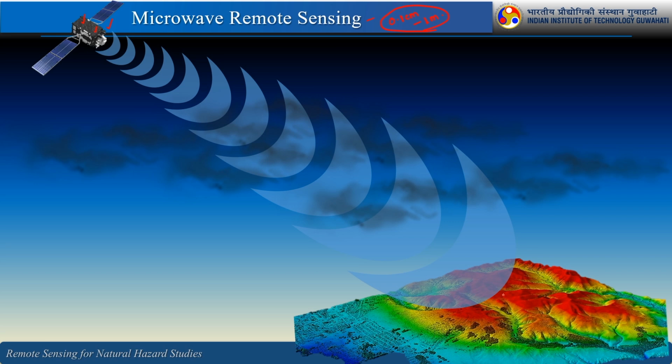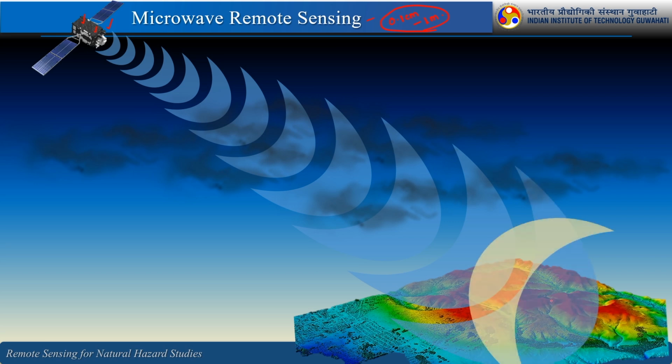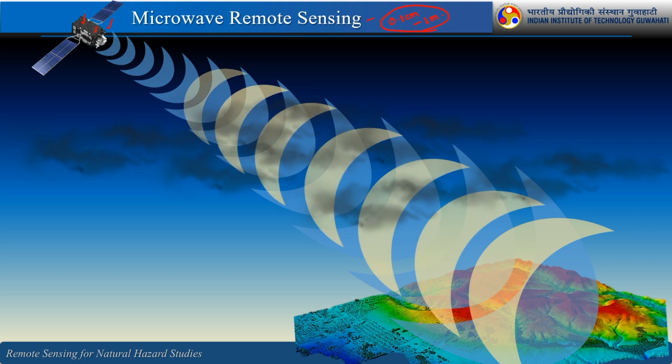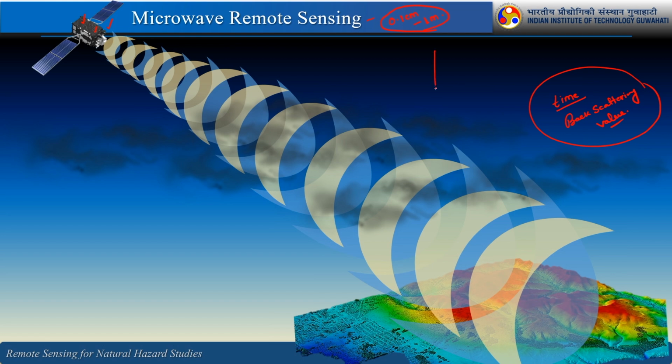Once it is interacting with the ground, what will happen? The reflection will take place, the backscattering, and then this backscattering will slowly reach the sensor, right. And then we will capture how much time it has taken and what is the backscattering value. These two things will be measured and this will be recorded for a particular pixel.